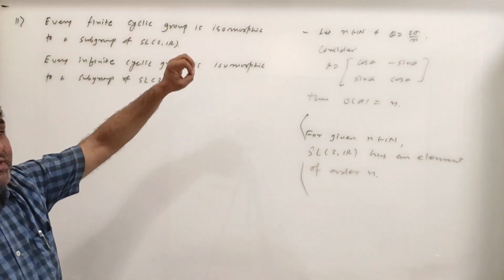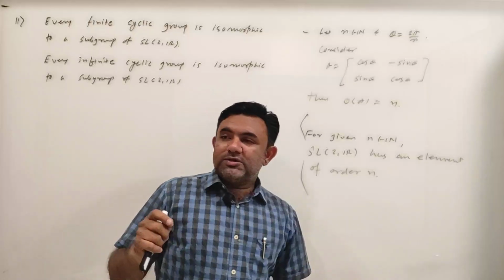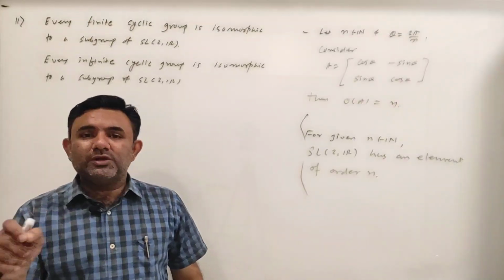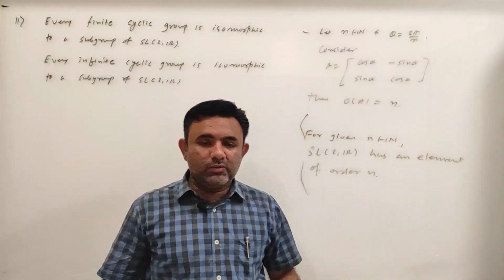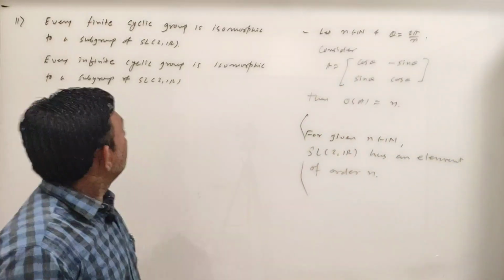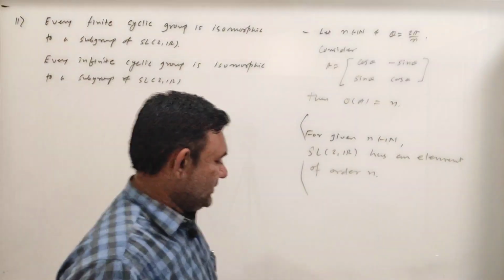You just take theta equal to 2 pi by some irrational number, and you consider theta equal to 2 pi by some positive integer, and then this A will have finite order of that order n. Okay, so this is one interesting result. Now next result.